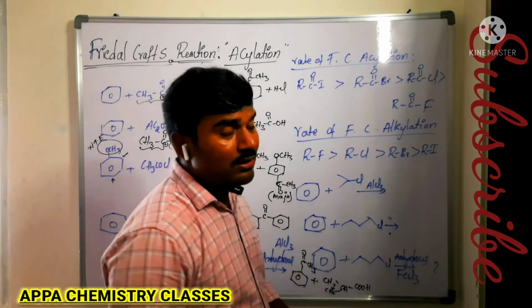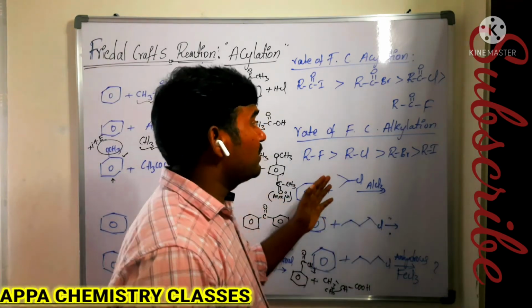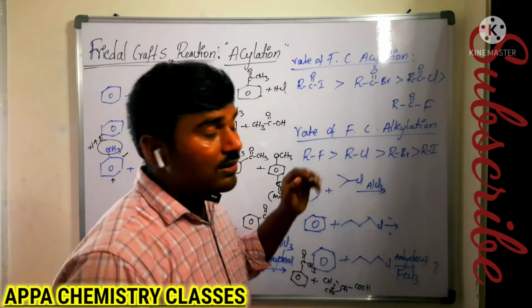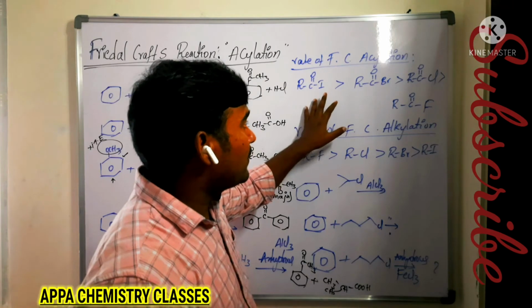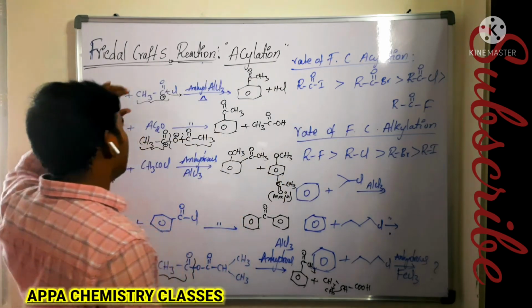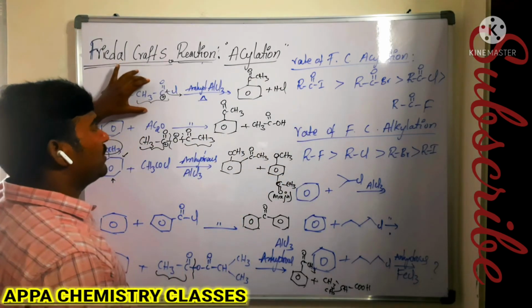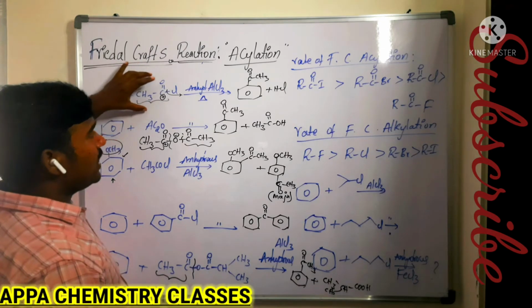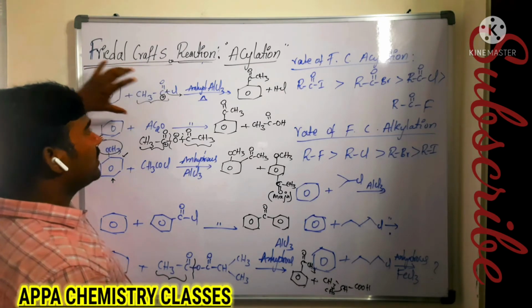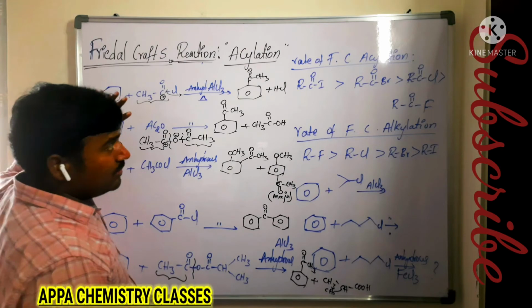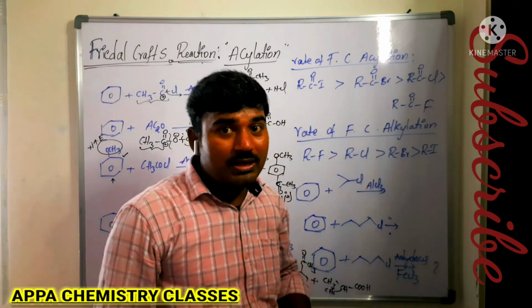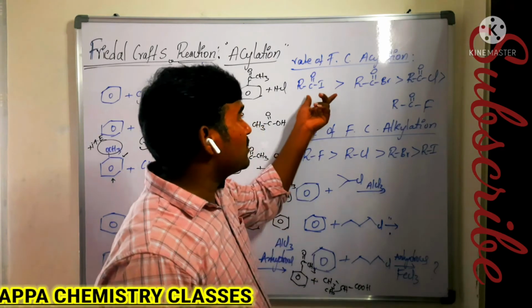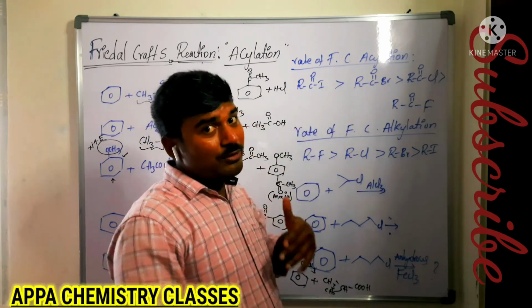Next, here the rate of Friedel-Crafts acylation as well as the rate of Friedel-Crafts alkylation, you see. In the case of the rate of Friedel-Crafts acylation, which one can easily form the acyl carbocation? If the acyl group is formed, that will easily attack the benzene ring. Among these, which one can easily form the acyl carbocation? Which has the longer bond?